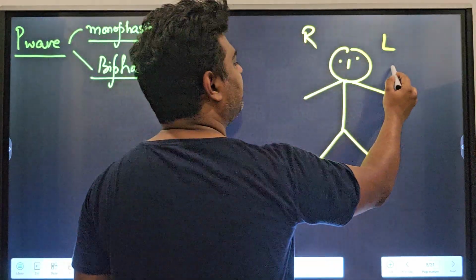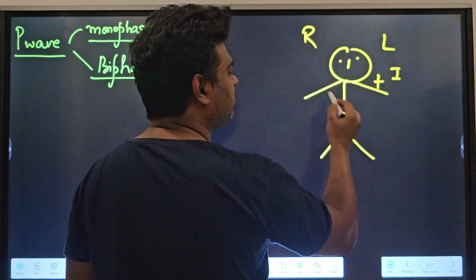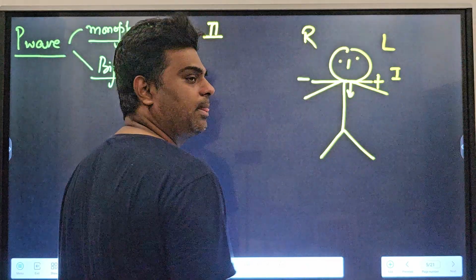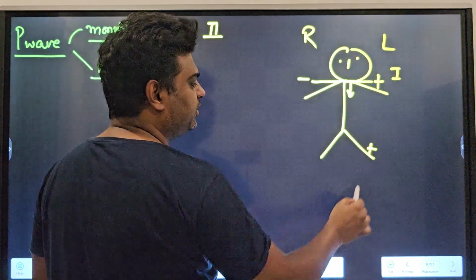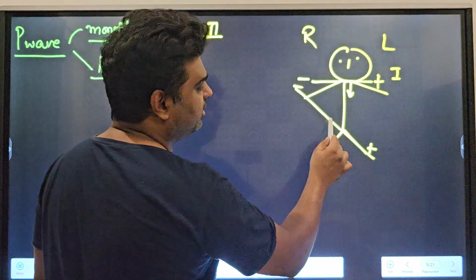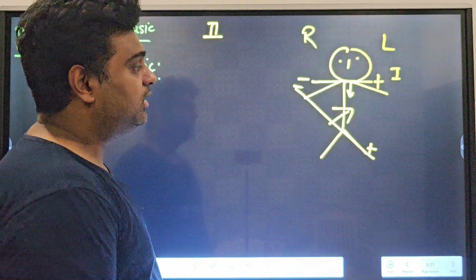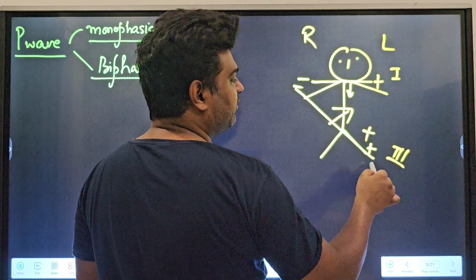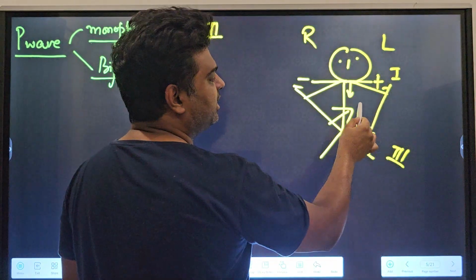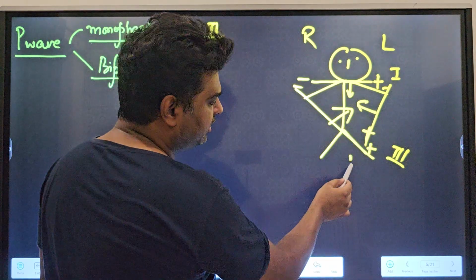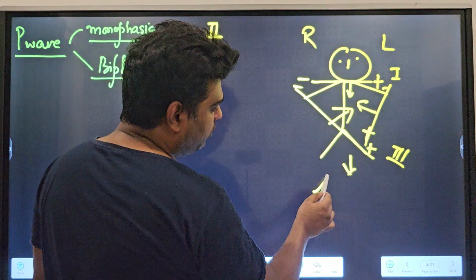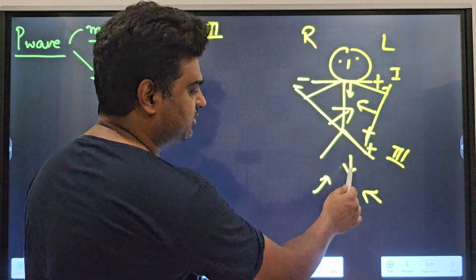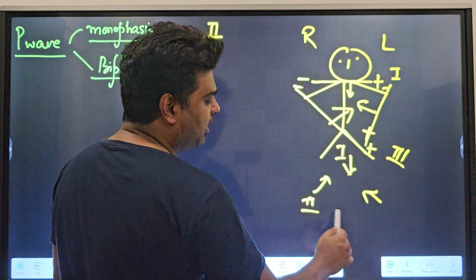For lead 1, this is the positive electrode, this is the negative electrode, so this is lead 1 with the net direction like this. For lead 2, this is the positive electrode, this is the negative electrode, so the net direction for lead 2 is this. For lead 3, this is the positive electrode, this is the negative electrode, and the net direction is like this.